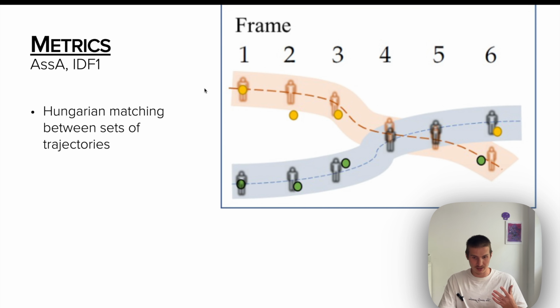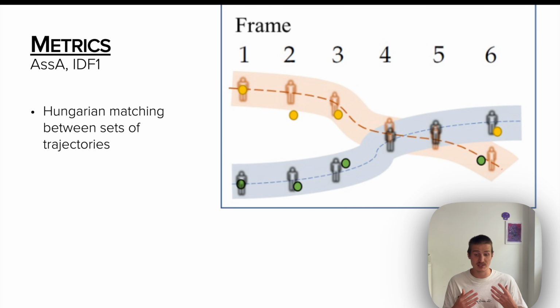So historically, to measure this identity tracking of our object trackers, we would look at metrics like IDF1 or assignment accuracy. And basically what it does is it now looks at the entire trajectories. So it will look at ground truth trajectories from the provided track IDs. It will look at predicted trajectories of the predicted track IDs. And then we will have the same problems as with detection, where some trajectories might not be covered by anything, some trajectories might be covered by more than one prediction.